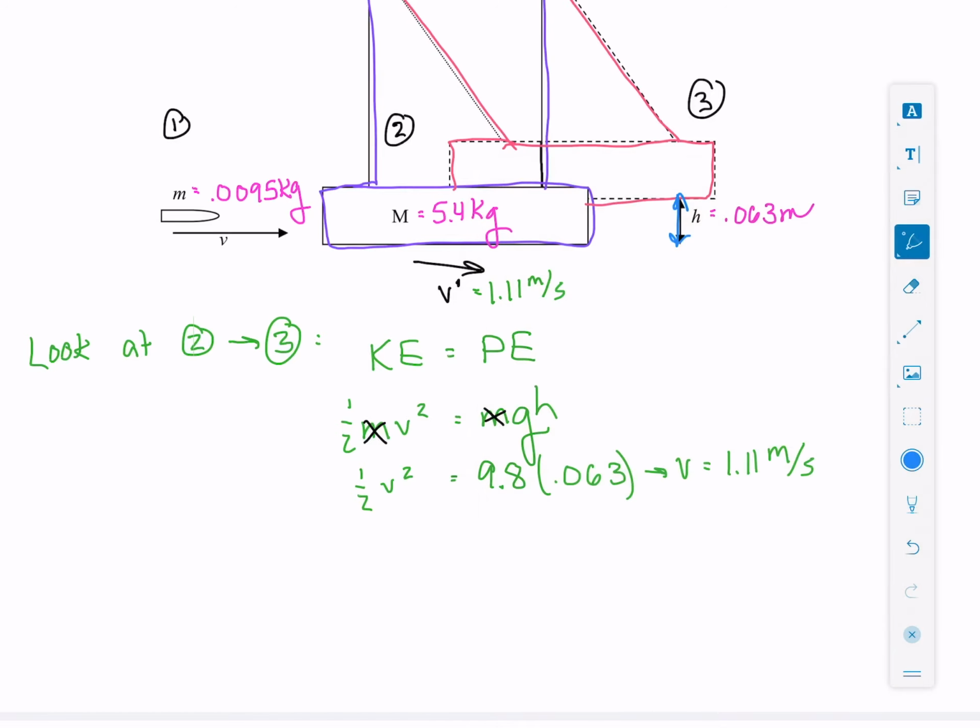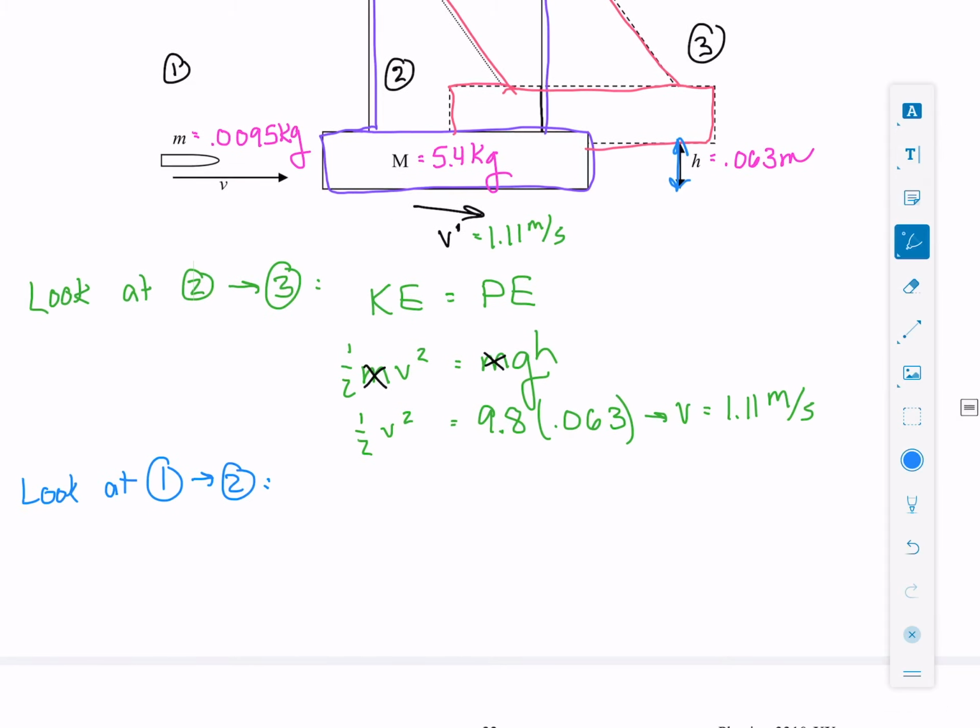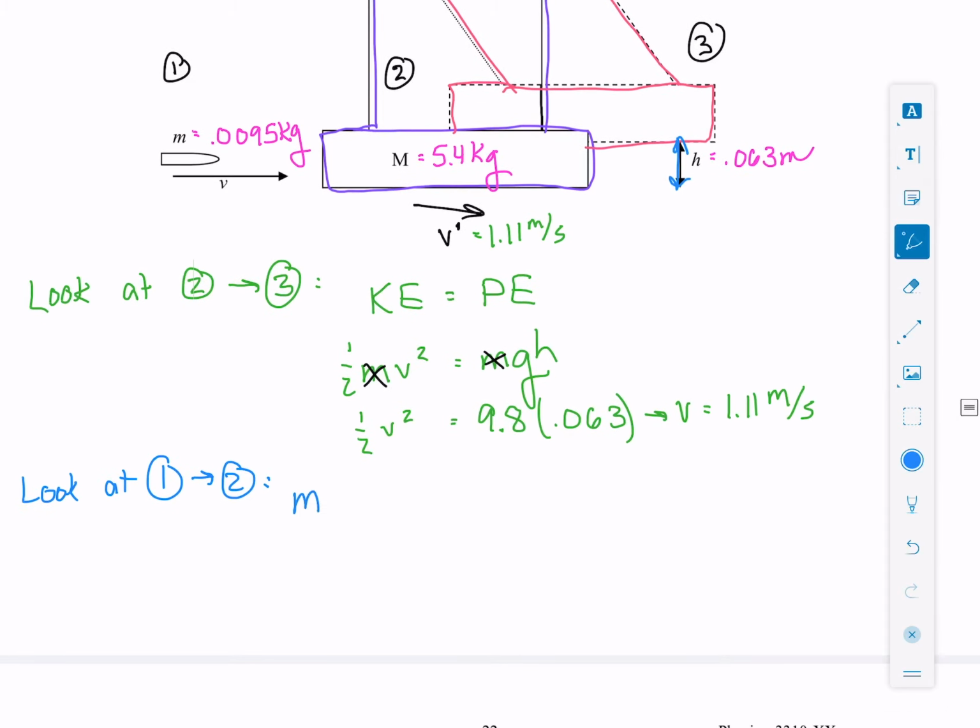So we're going to look at 1 to 2 now, and that's conservation of momentum. Initially, we have the bullet moving, so the momentum of the bullet, the mv of the bullet, is going to equal the combined mass of the bullet plus the block, I'll call it wood, times the speed that they're traveling.